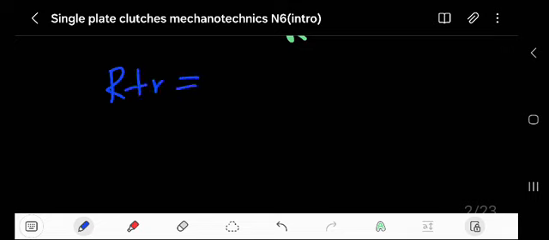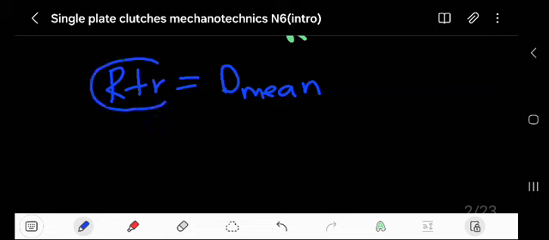If you're given a mean diameter, R1 plus R2 will be equal to the mean diameter.